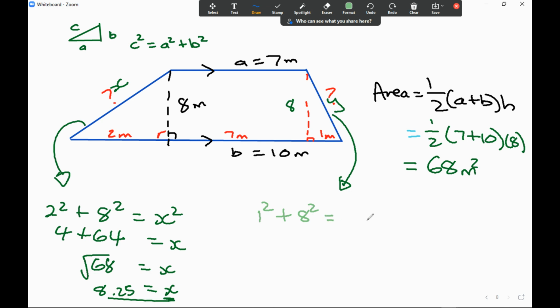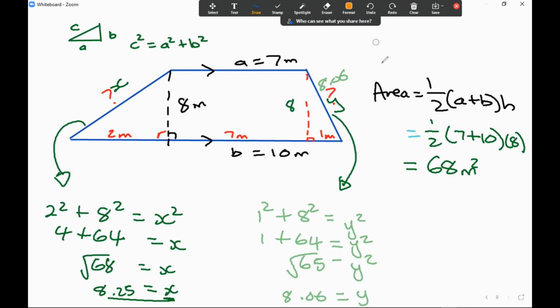That's 1 plus 64, 65. Okay, good. And then don't forget to square root it. 8.06. So this is 8.06.